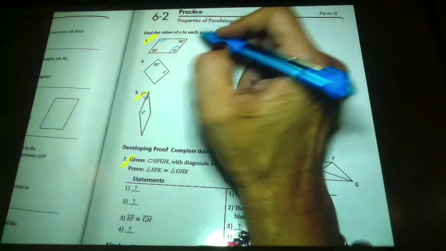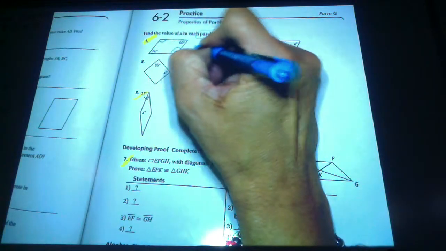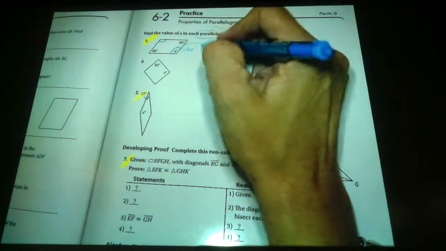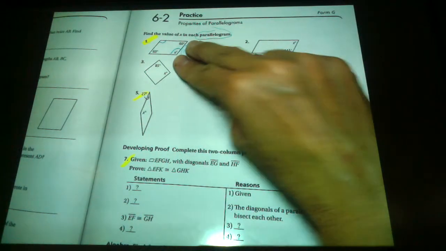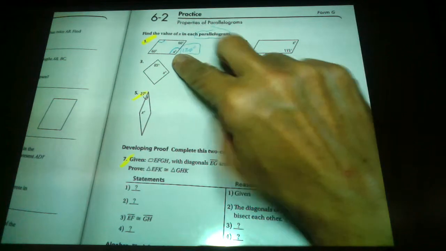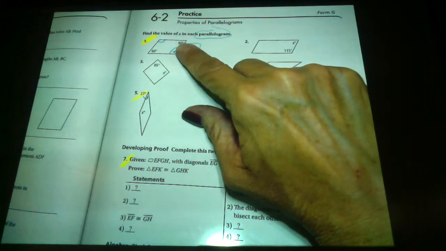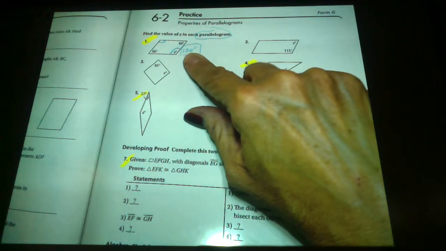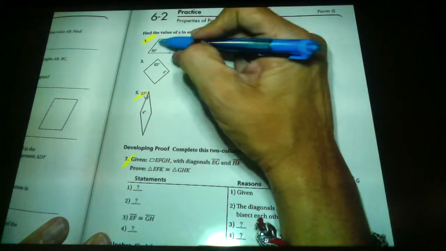And so what's the measure of angle X? So 120 degrees. Why? Consecutive angles are supplementary. So those should add up to 180, so 180 minus 60 is where we got the 120. And so now we have this angle. What's this angle here?